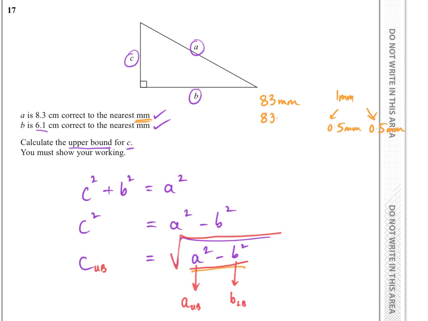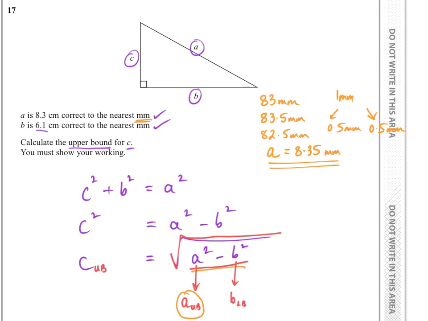So the greatest it would be is 83.5 millimetres, and the least it would be 82.5 millimetres. So if we wanted that back in centimetres, then we can say A, and don't forget we want that to be the most, would be 8.35. So that's the value of A we're going to choose.